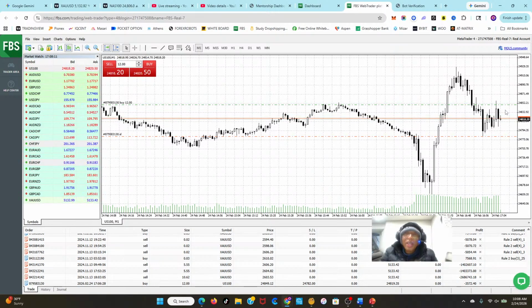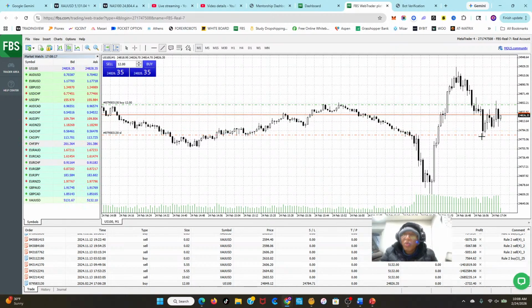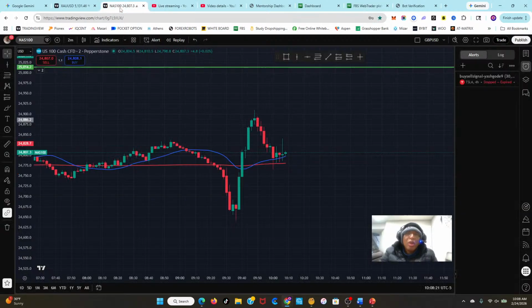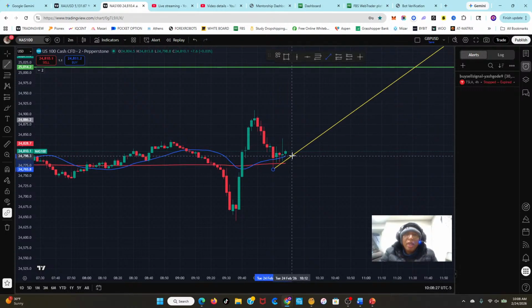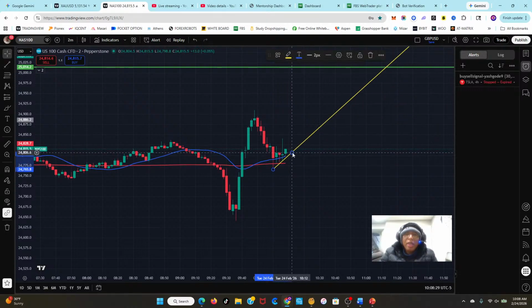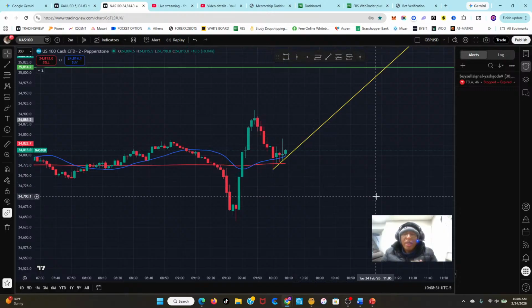For those of you who like making things complicated, you can draw a line here. If you bring this tool here, this tool right there, see that? There's something like that created right now.